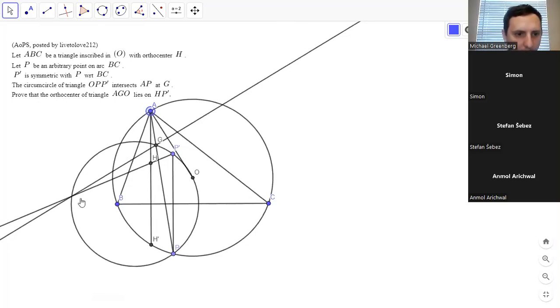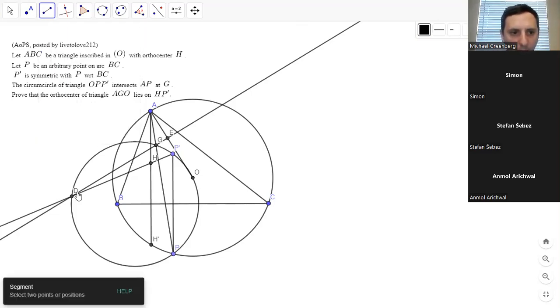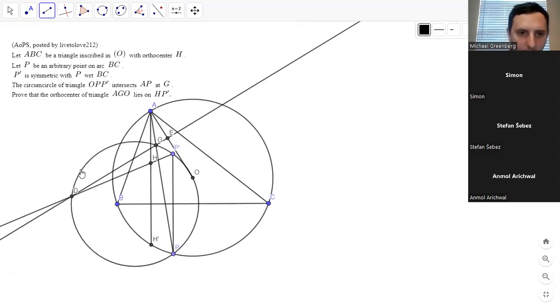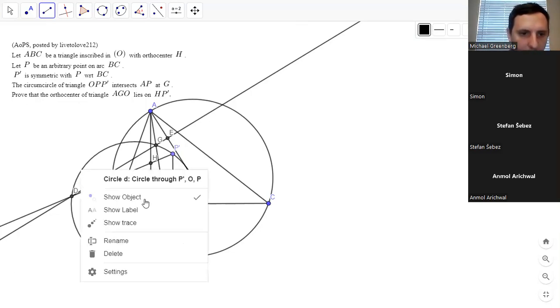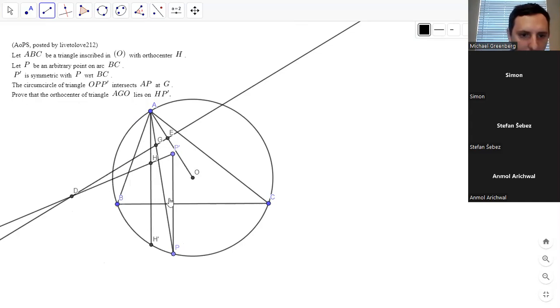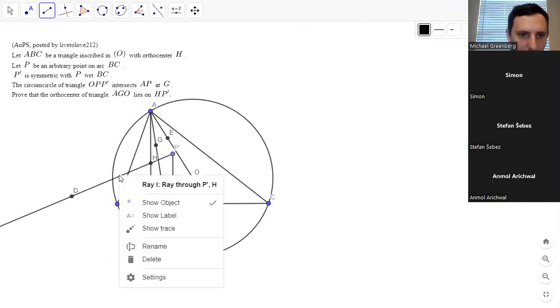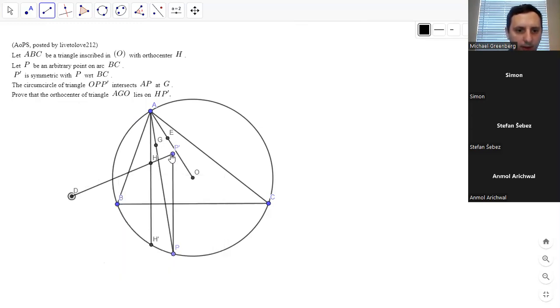Can we prove that? Because if we show that, we want to show that D is the orthocenter of AGO, but first we could try to show that D lies on this circle. So we want to show DGPP prime is cyclic. Or we could redefine things so it's cyclic.